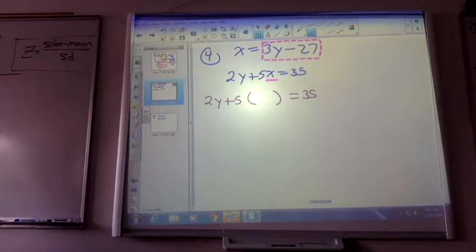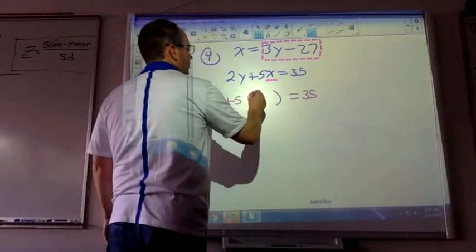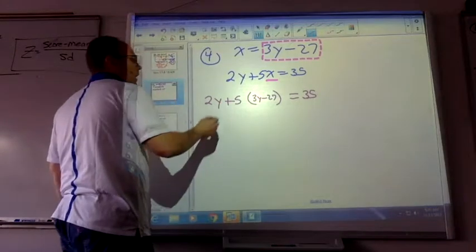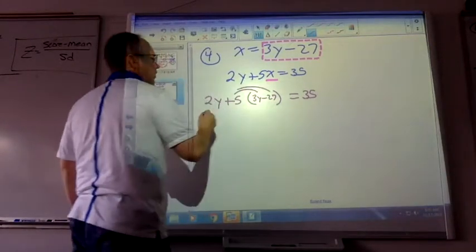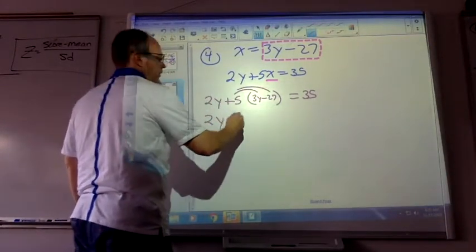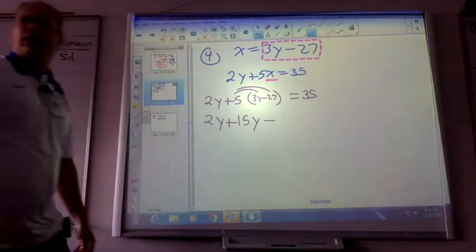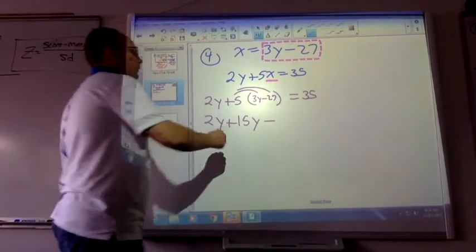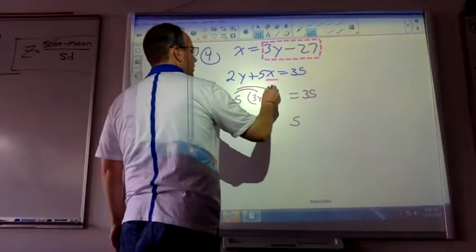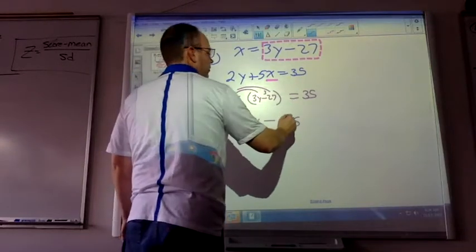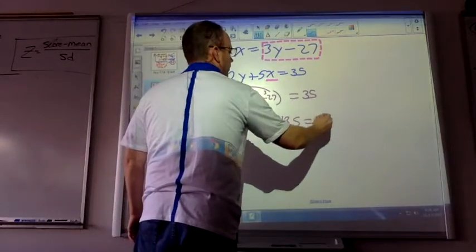3y minus 27. Awesome. Okay, I should distribute over the parentheses, so I have 2y plus 15y minus 5 times 27. 5 times 27 is 135. Is that right?